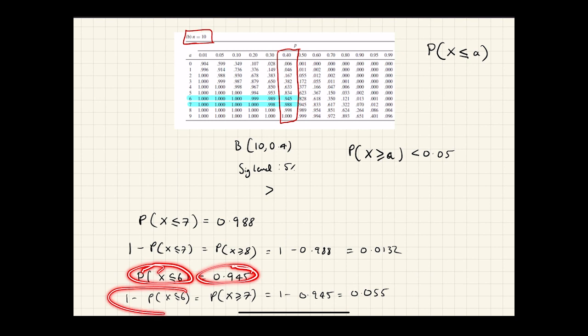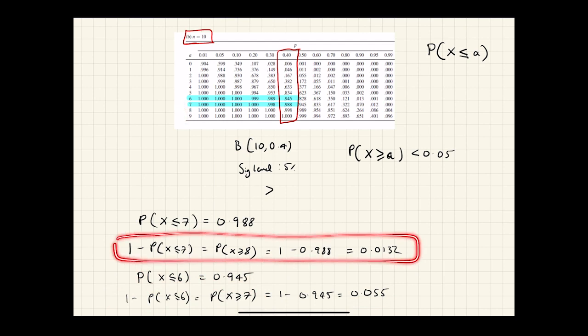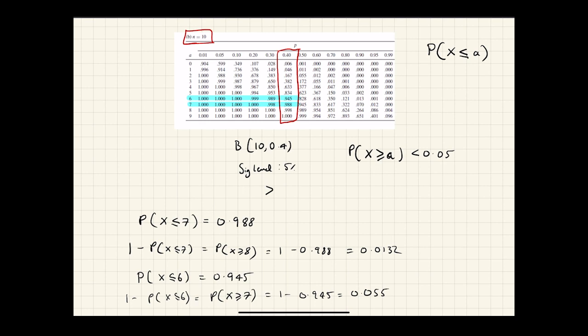When we flipped it, because it's a more than sign, we found this value works, so this is fine. Every other value here, when we did it, we found it didn't work. And basically what this tells us is the critical region is anything where x is more than or equal to 8. Don't worry, that was quite difficult to understand, but if you follow it, it should hopefully make a bit of sense.